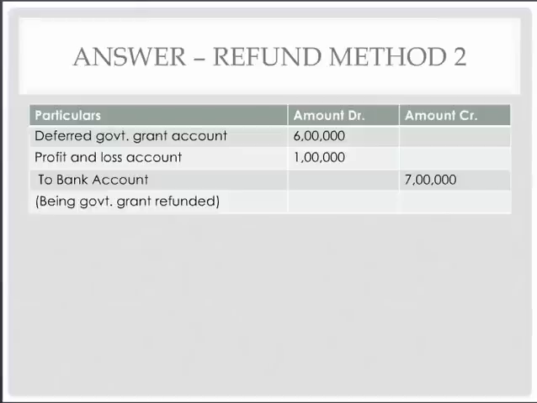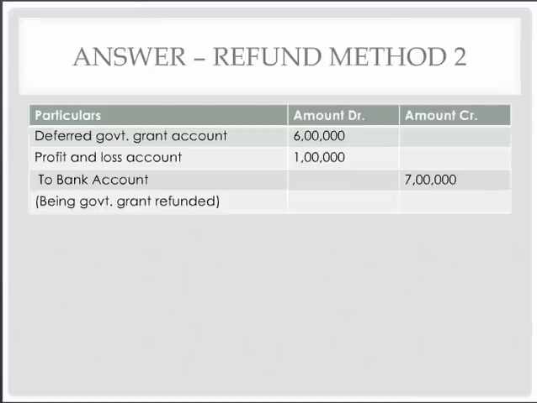On the other hand, deferred credit, we were taking to P&L 2 lakhs per annum. So your deferred credit balance in balance sheet would have become 10 lakhs minus 2 lakhs minus 2 lakhs, which is 6 lakhs. So now you have 6 lakhs standing in deferred credit and 32 lakhs standing in the fixed assets. If you see now, we have to refund 7 lakh rupees.